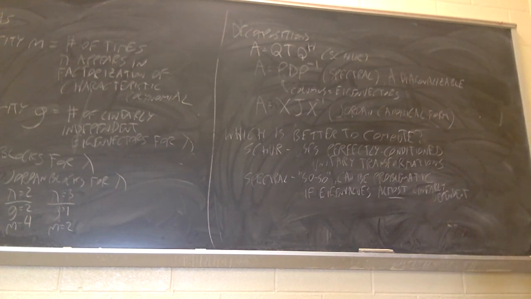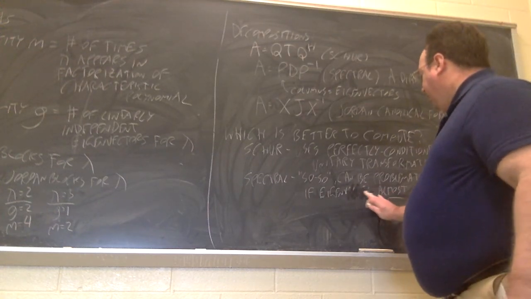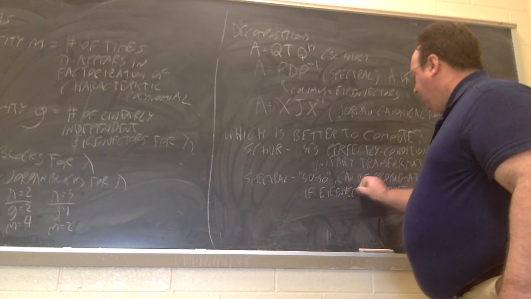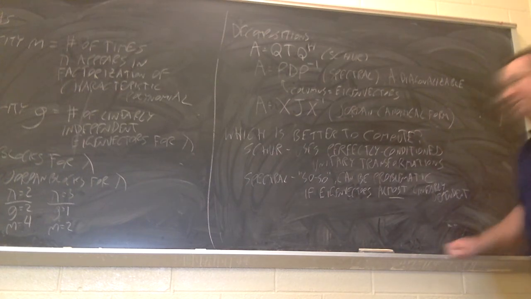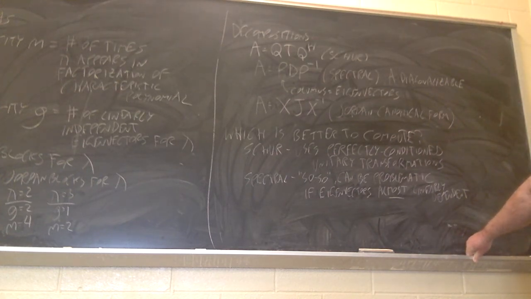Because at least with a normal matrix, your eigenvectors... Can't talk about numbers. So in other words, if two eigenvectors are nearly parallel to one another, or more generally, if a certain eigenvector is almost a linear combination of other ones, then you might have a problem computing them accurately.